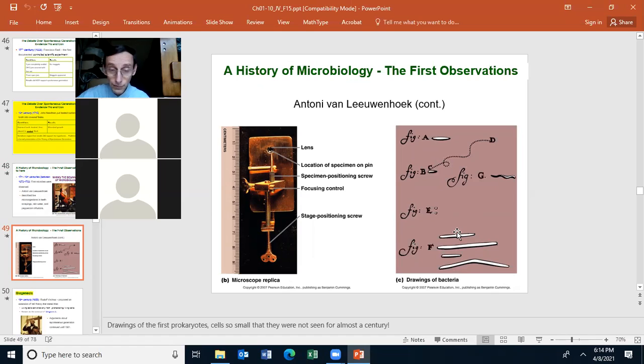So he could see a cell that other people couldn't see for about 100 years. That tells you how good Antonie van Leeuwenhoek was. And when you look at these drawings here, you can see that these are clearly bacteria that he was seeing.